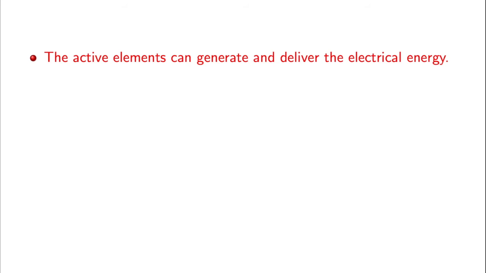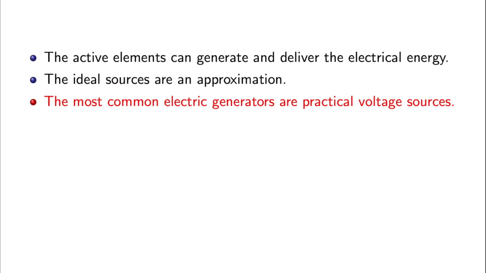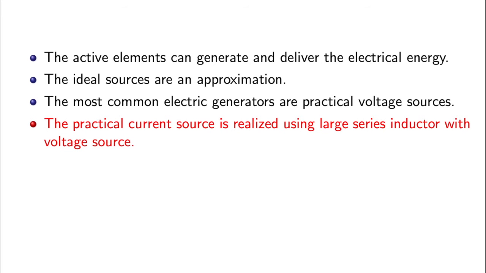As a summary, they can generate and deliver electrical energy. Ideal sources are an approximation; they are not realizable. The most common electrical generators are basically practical voltage sources. A practical current source is realized using a large series inductor with a voltage source.